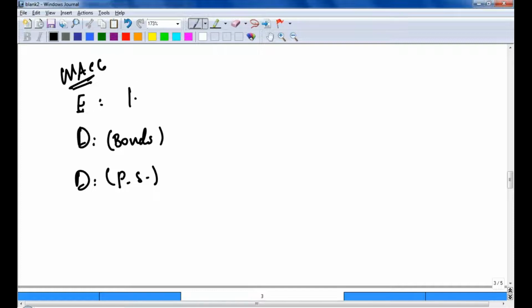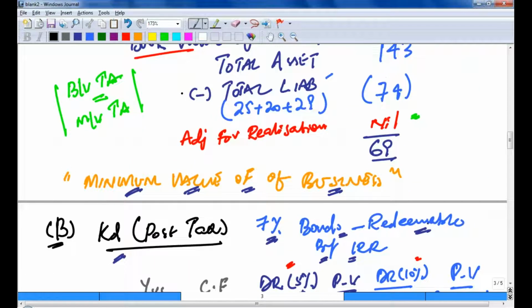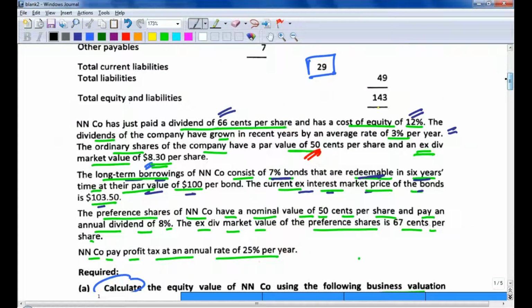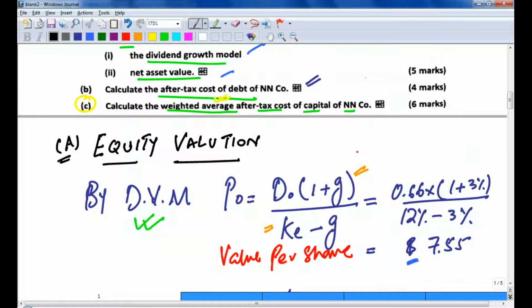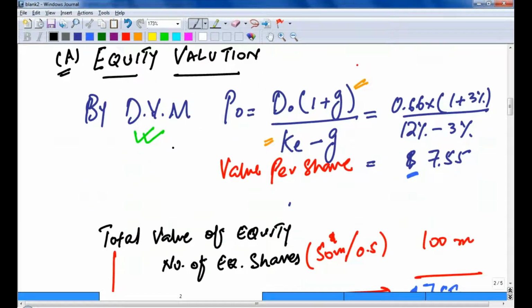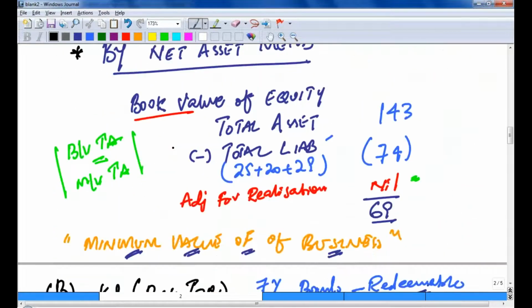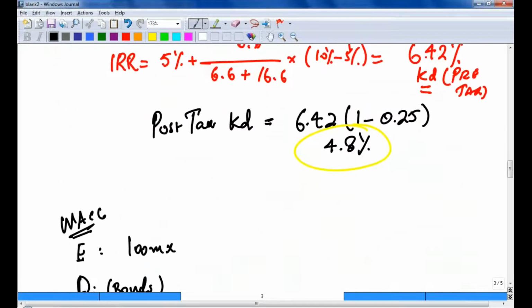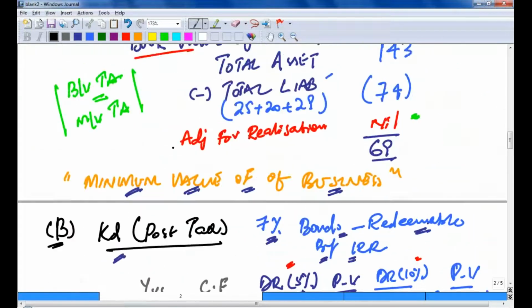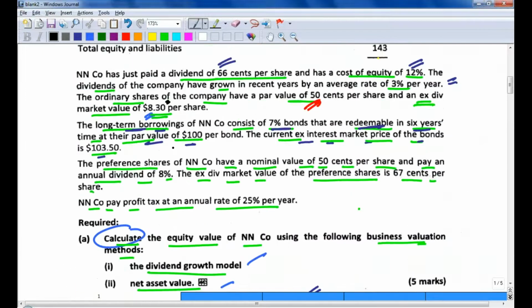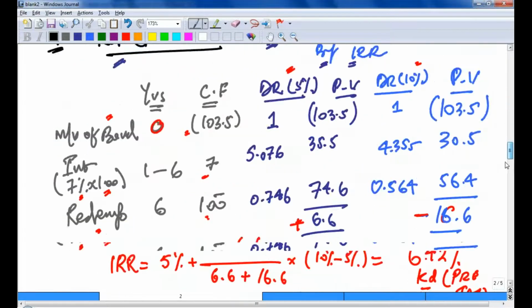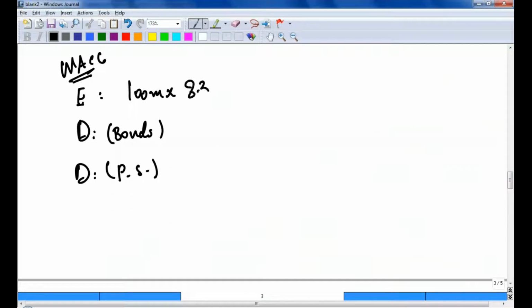In this case 100 million shares having a market value already given, that is 8.3. If this market value is not given, then we can pick either DVM or net asset, most preferably DVM as compared to net asset. Other methods may also be used. But do remember, if the actual market value is given, then take the actual market value, that is 8.3. That is 830 million.